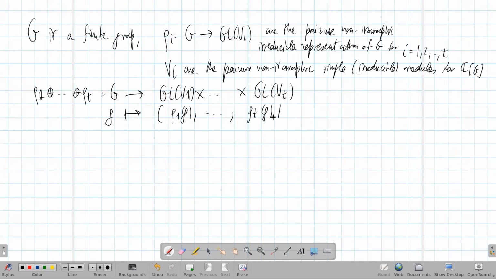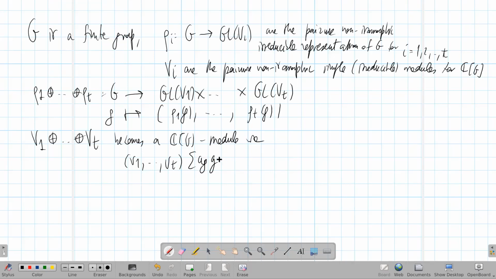But if you want to see it as modules over the group algebra CG, in other words, the direct sum of these vector spaces, which are modules for CG, becomes a CG module via, so if you have a tuple of vectors here and an element of the group algebra, it simply acts on all elements.